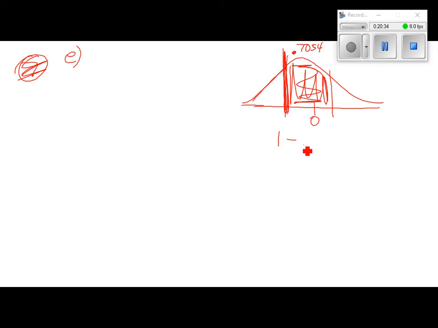So 1 minus 0.7054, what's that give us? 0.2946. Now is that what we punch in our calculator? Is that this area right here? You got to divide it by 2 because it's on each end. So we got to divide that by 2. What's that give us? 0.1473. That's the number that we put in.